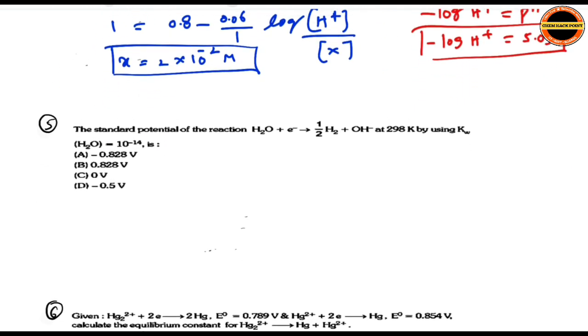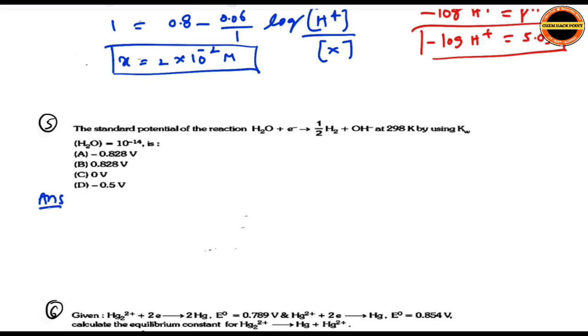Next, the standard potential of the reaction at 298 Kelvin using Kw, respective values given here. So how do we do it, see here. First, the H plus reaction. They gave one standard potential of the reaction: H plus plus electron is equal to half H2, but here E naught is equal to 0 and delta G naught is equal to 0.